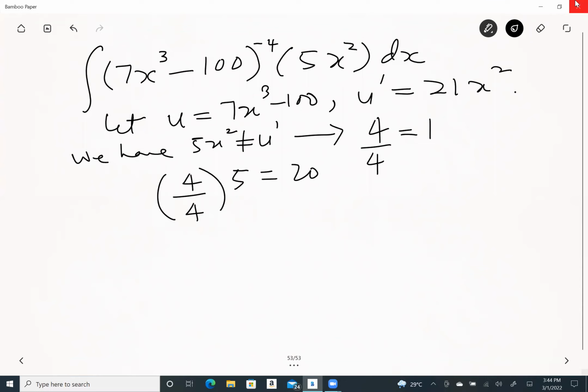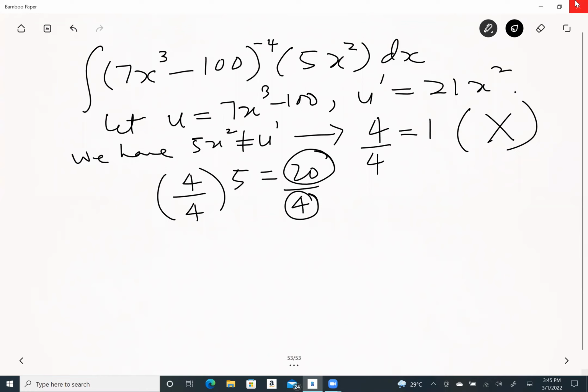We need 21. So you cannot multiply by 4. A good try, but we cannot multiply by 4 over 4 because we will get 20. You want 21.